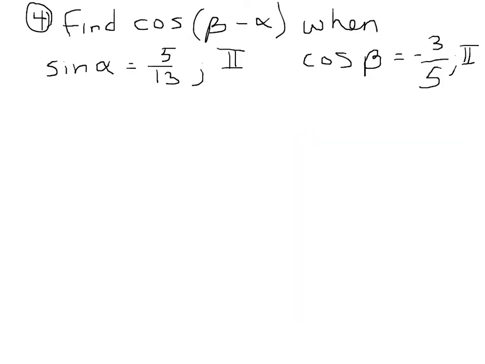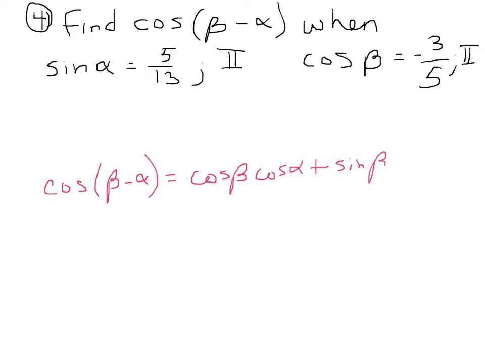Next problem. Similar. Cosine of beta minus alpha when sine of alpha is 5/13 in quadrant number 2 and cosine of beta is negative 3/5 in quadrant number 2. So again, if I think about cosine of beta minus alpha, then that's going to be cosine beta cosine alpha plus sine beta sine alpha.